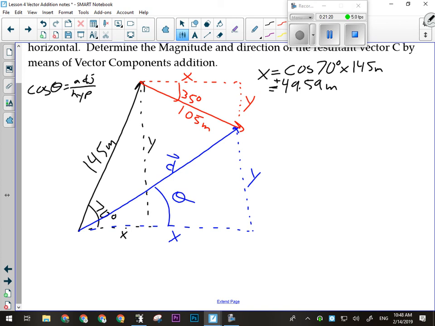All right, now I also want to calculate black y. Okay, black y is the opposite side of this triangle, so I'm going to use sine for that. Sine of 70 degrees times 145 meters, right? So similar manipulation here, okay? The sine of theta equaled the opposite side divided by the hypotenuse, so I just manipulated for the opposite side here.